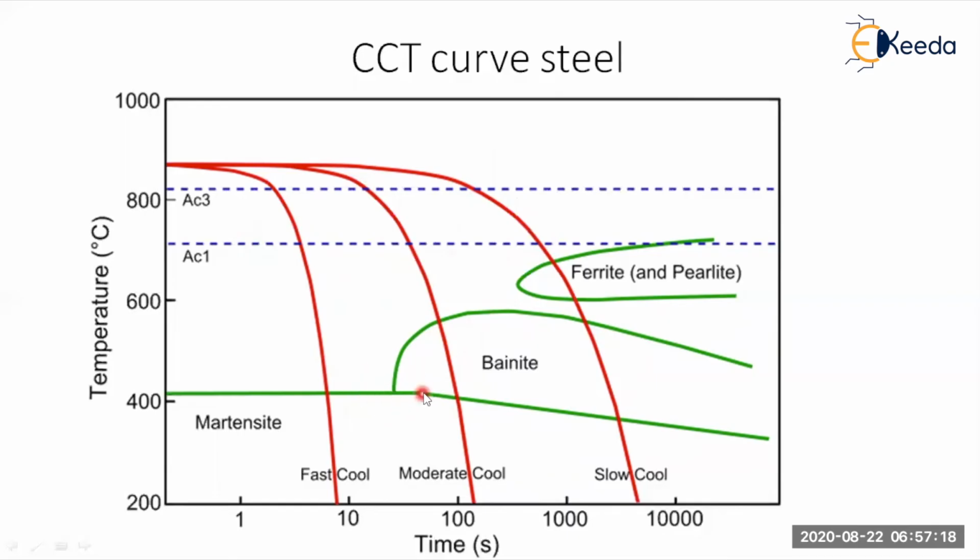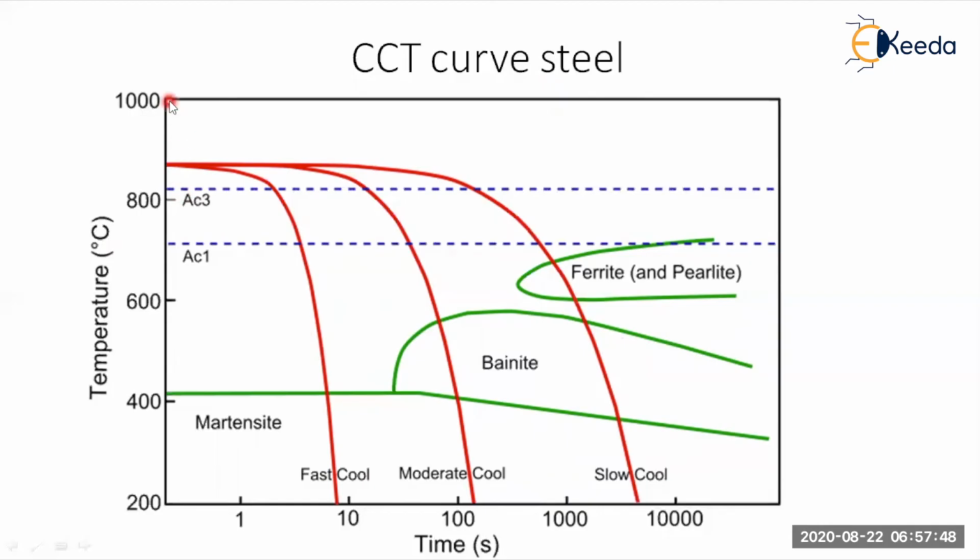Now try to observe this diagram. In the TTT diagram, you can see three curved lines: transformation begin, 50% transformation, and transformation end. Here also you are observing three lines. These three lines differentiate the various cooling rates of the particular material that you have taken to draw this diagram.